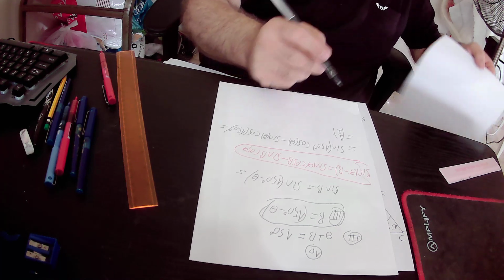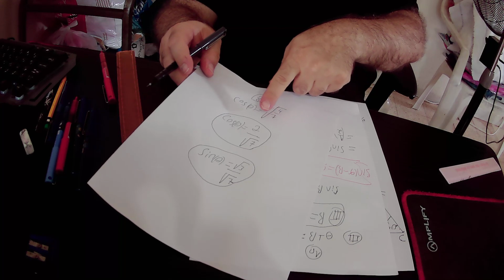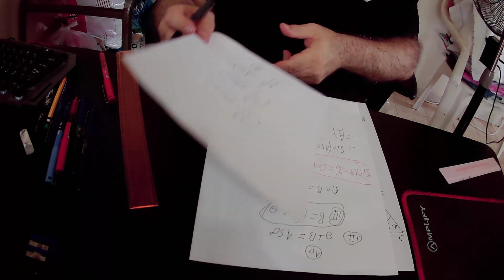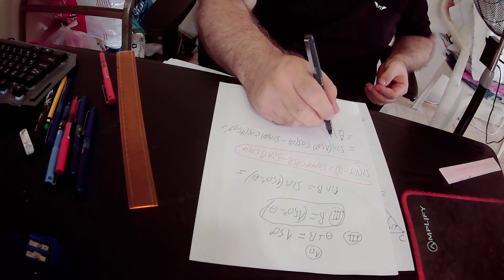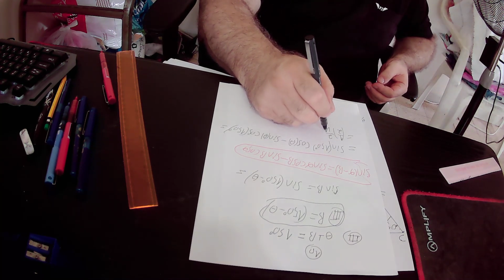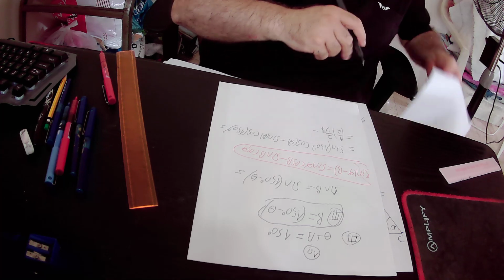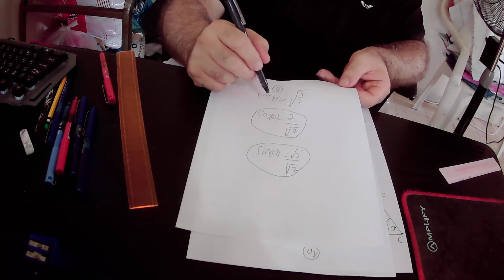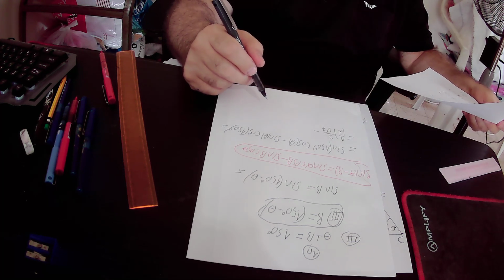We have already found out the value of cosine theta. Cosine theta equals 2 over root 7. So I'll write it down that cosine theta equals 2 over root 7 minus sine theta.